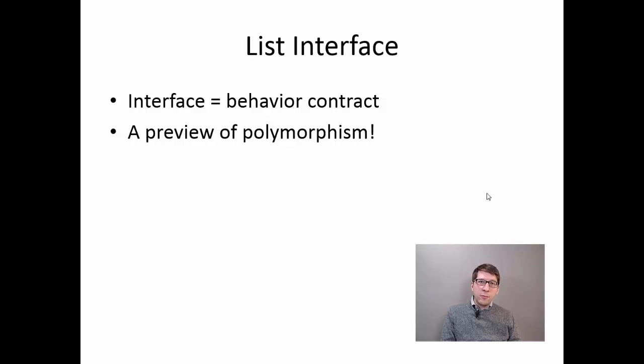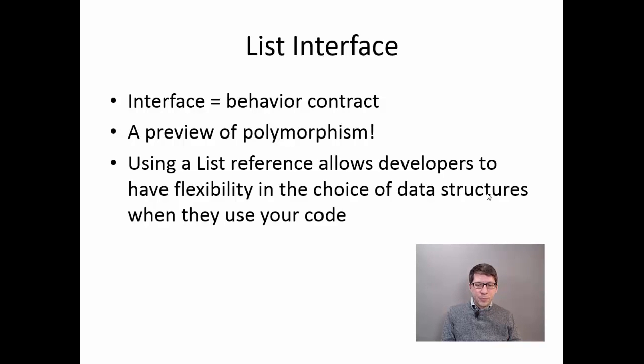So that's really helpful for us because inside a list variable, we can actually store array lists or stacks or vectors or anything that implements the list, which is pretty great. And that flexibility in terms of your choice of data structures is why at this point you may want to consider using the list reference, specifically the list interface.